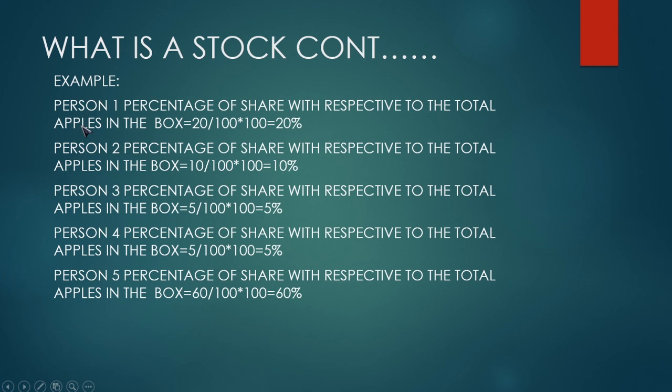So comparing to the total apples in the box, 20 divided by 100 into 100 is 20%. So person 1 holds 20% of the total apples in the box.